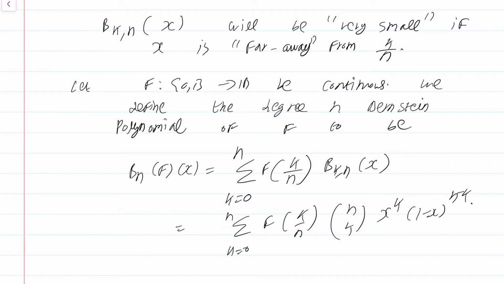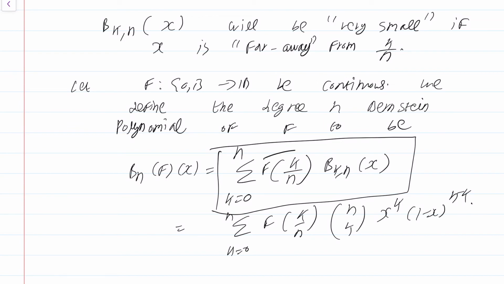So what does our probabilistic intuition tell us? Well, if you look at this sum for any value x, what will happen is, as you increase n, then from the intuition that we have seen before, this f of k by n value is getting weighed by b k n of x.